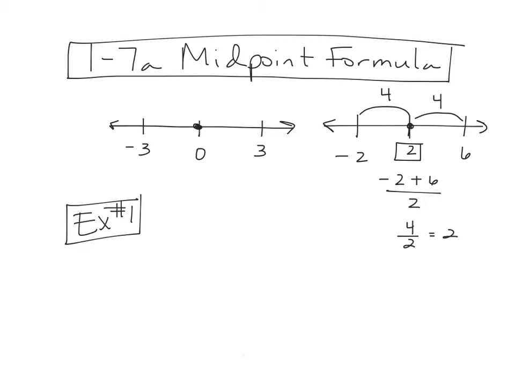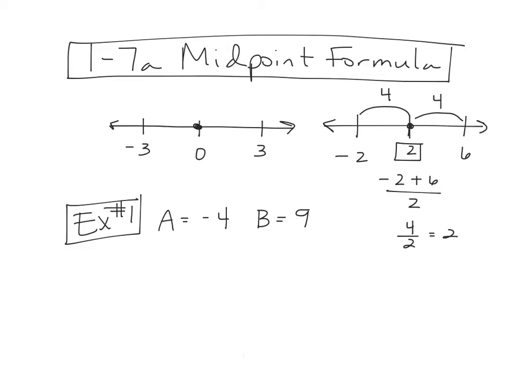Yeah. If I said A is at, oops, I'm doing a coordinate and I don't want a coordinate yet. A is at -4. B is at 9. And I said find the midpoint between those two. What are you going to do with that?